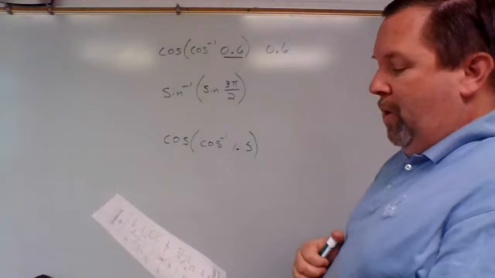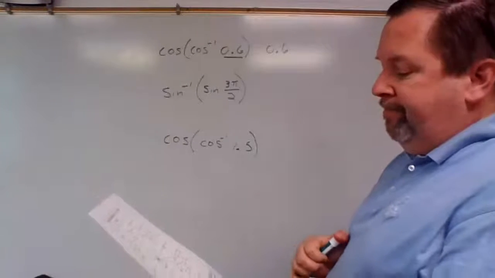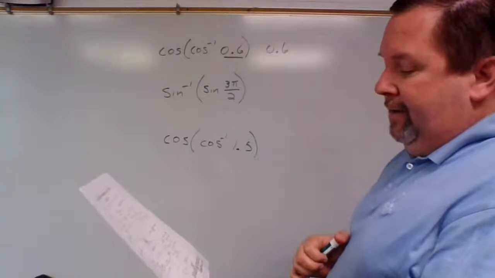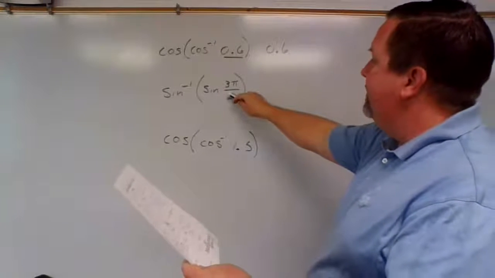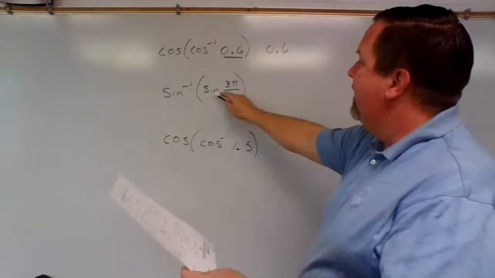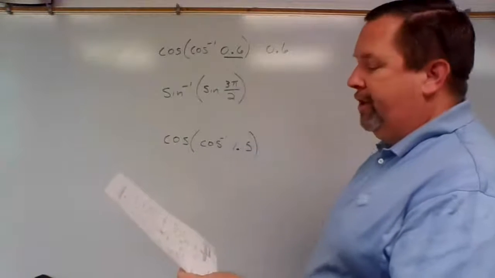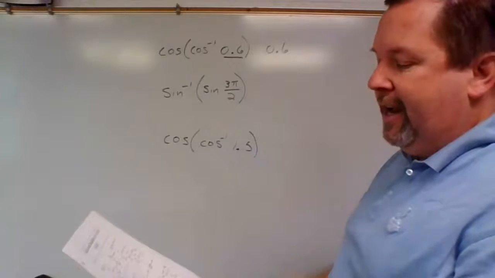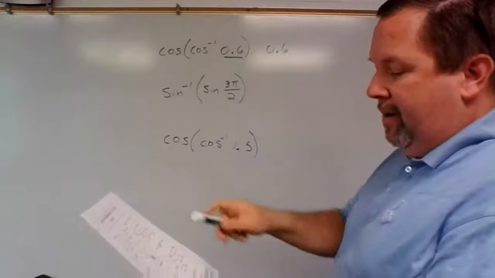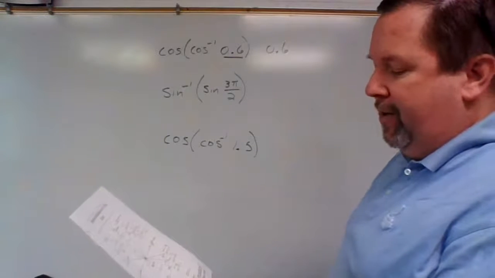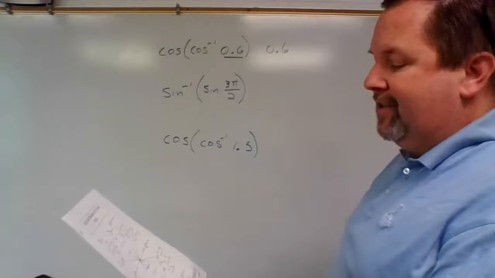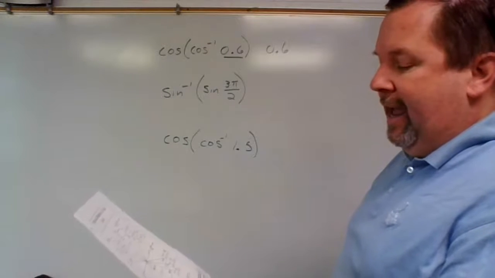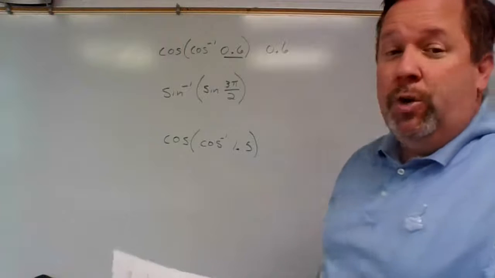And so what I'm going to do is I'm going to find the sine of 3 pi over 2. And if I look at my wheel, I go around 3/4 of the way around the circle to 3 pi over 2, and the sine is the y value, and the sine of 3 pi over 2 is -1.